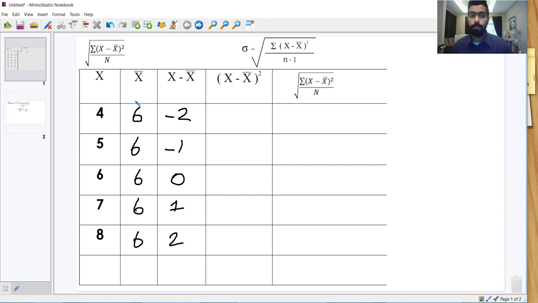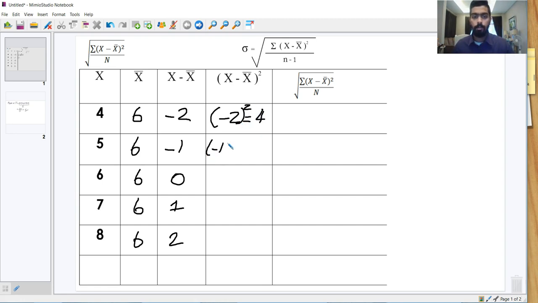So first we found the mean, and then we took our raw data values and subtracted the mean from them. Now we have found X minus the mean, which we tabulate here. What we have to do now is square it. So negative 2 to the power of 2 is equal to 4, because negative 2 times negative 2 is 4.